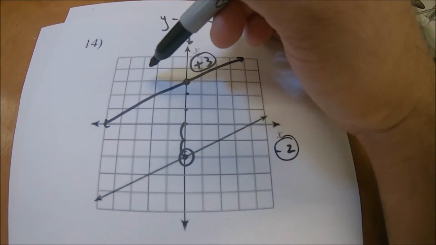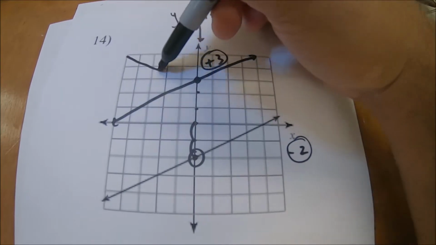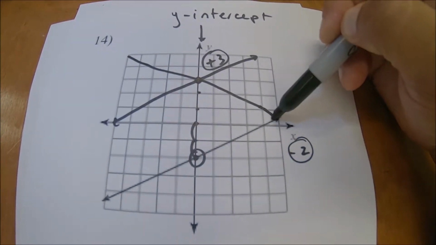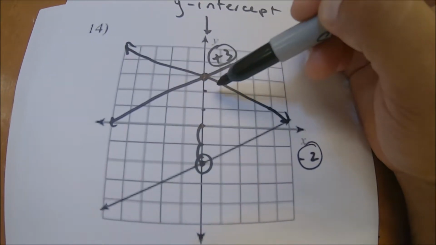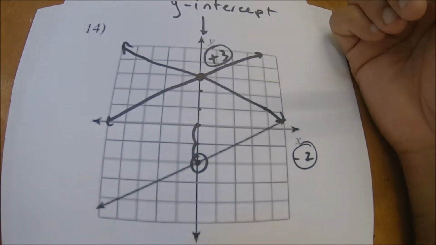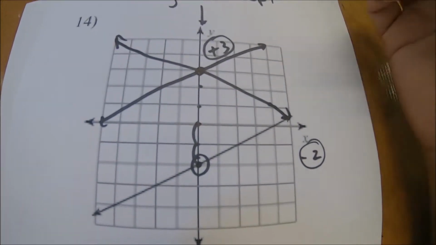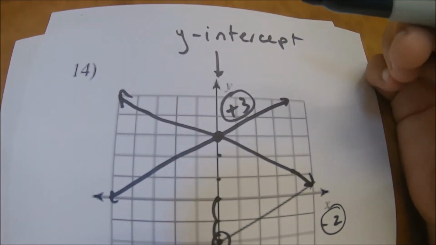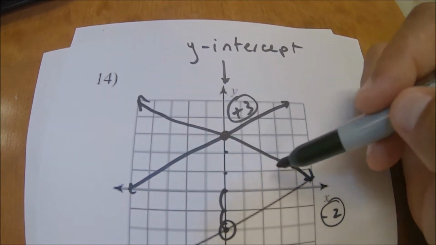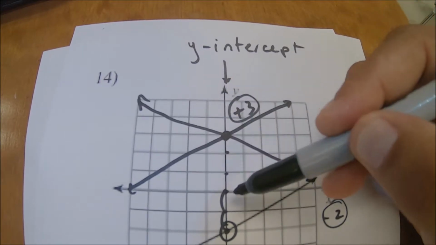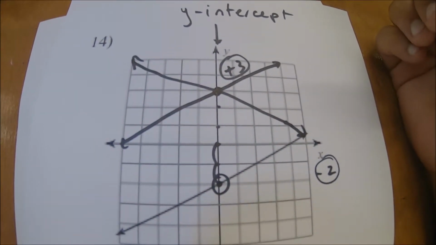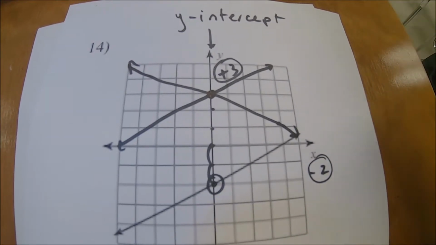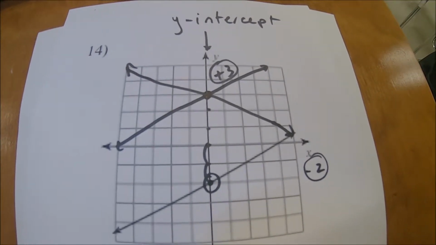No, it doesn't. My line could be crossing like this and still have that same y-intercept of +3, just like the other line. So again, checking for your y-intercept is very easy. You check, where does my graphed line cross the y-axis? Whatever that point is, that's what your y-intercept is going to be. Super simple. On to step 3.